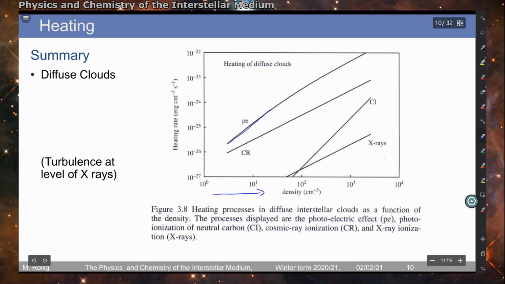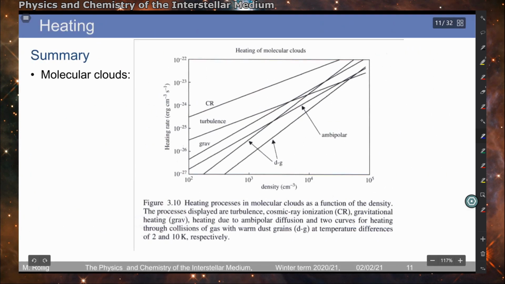This is shown here, and at some point the density behavior becomes somewhat less steep, and this will then allow other processes to take over at higher densities. We see that the ionization of atomic carbon is now becoming much more important as the density increases.